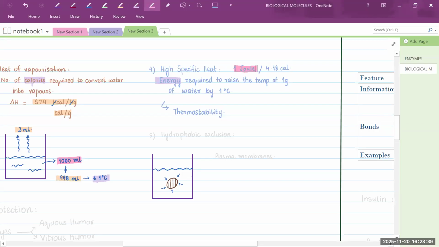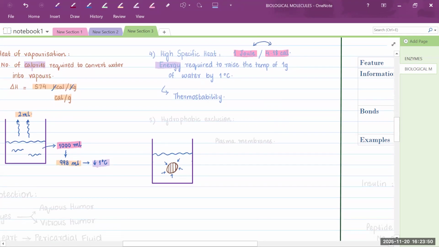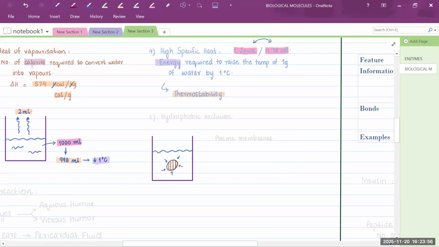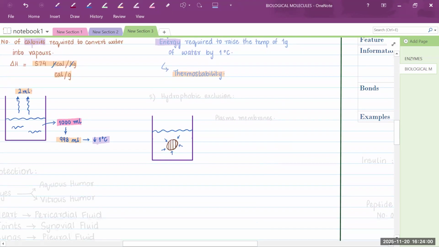It is 1 calorie, also known as 4.184 joules. These things are interconvertible, right? Also, because of this high specific heat capacity, water acts as a thermostabilizer, and it provides thermostability to the living cells.